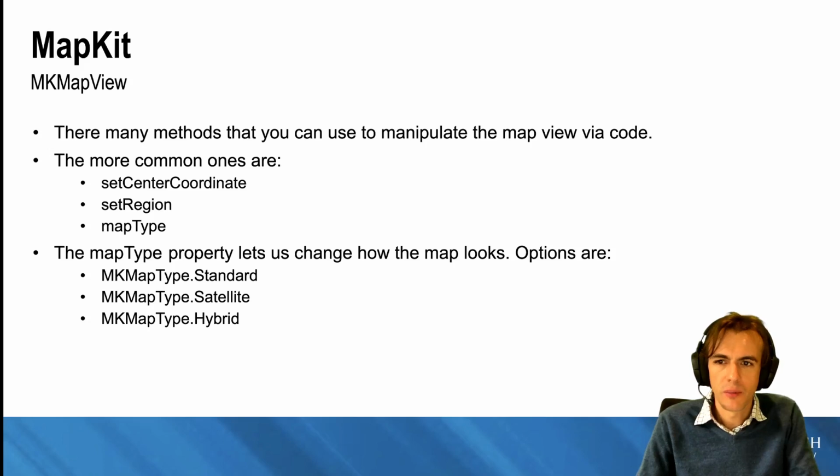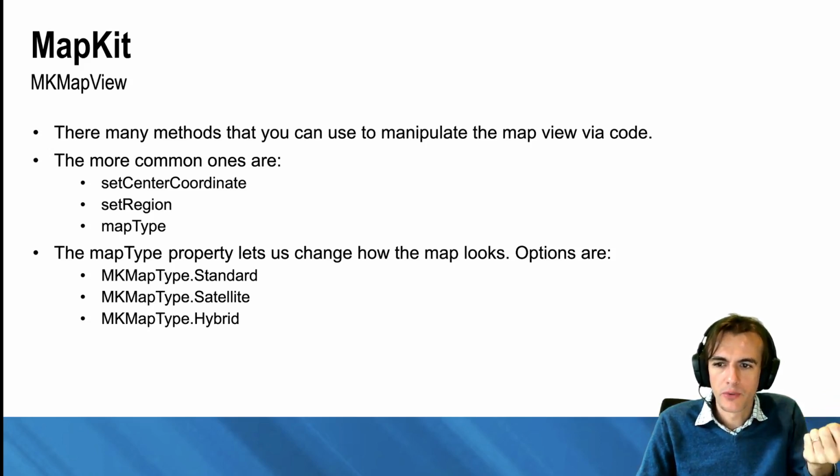There are a number of useful methods that an instance of MKMapView provides to us. Some of the very common ones you might want to use are setCenterCoordinate or setRegion. These change the current view of the map, either to center it on a particular location or to make a particular region visible.